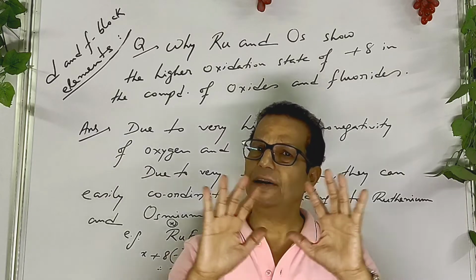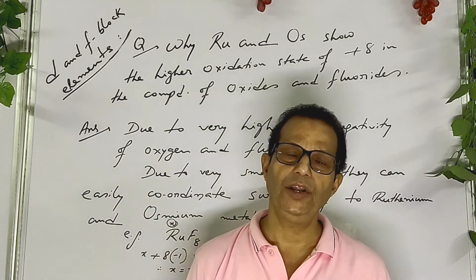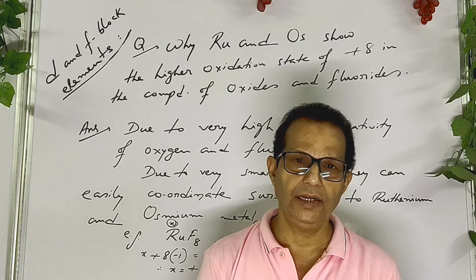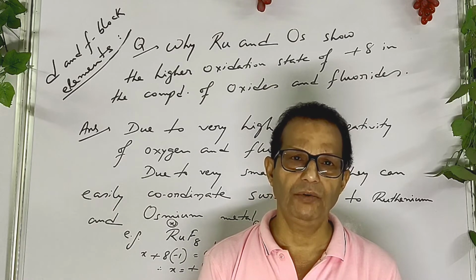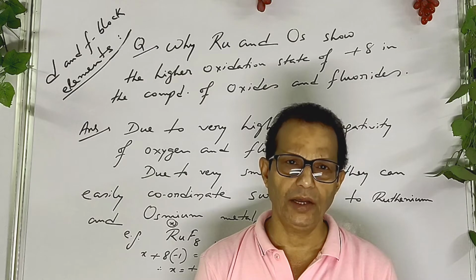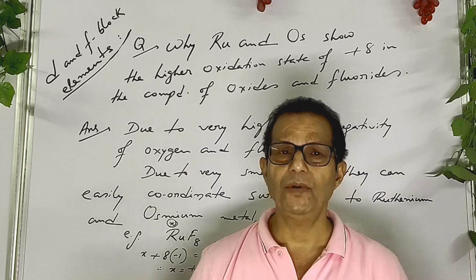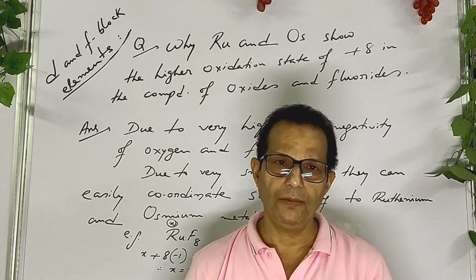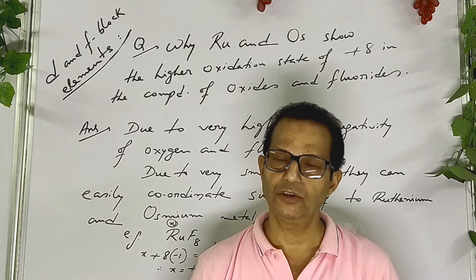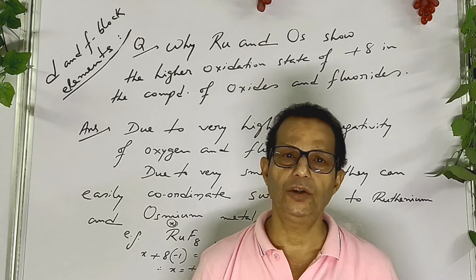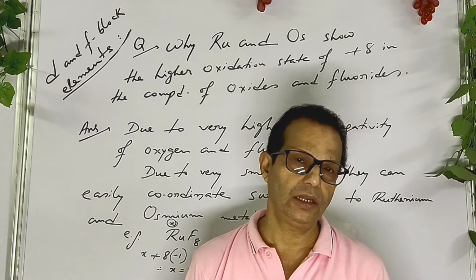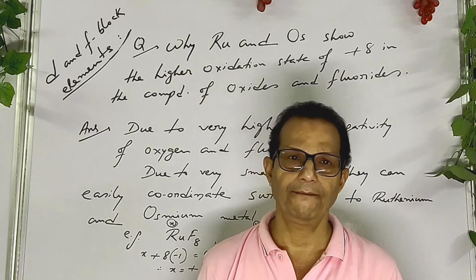You know that there are a variety of types of compounds: carbonate, sulfate, nitrate, nitrite, sulfite, oxide, fluoride, chloride, bromide, iodide. Among all the compounds, ruthenium and osmium show the highest oxidation state of +8 in their compounds of oxides and fluorides. Why?